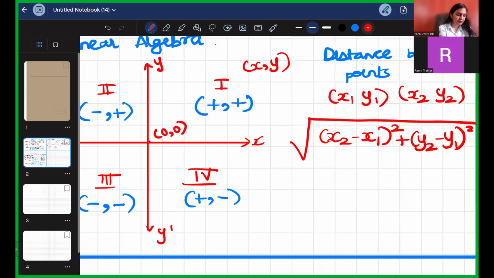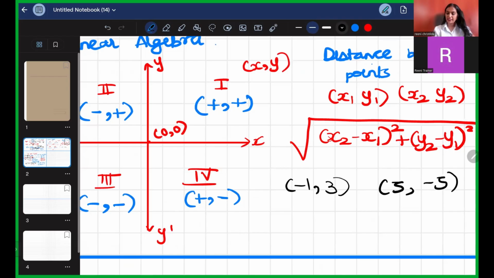For example, minus 1 comma 3 and 11 comma 8, right? So how do you find the distance between the 2 points?